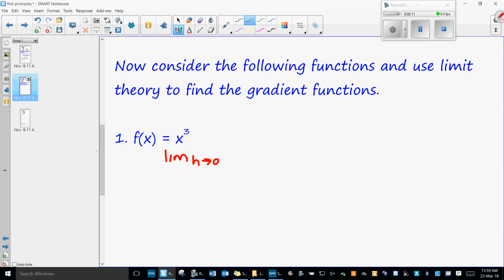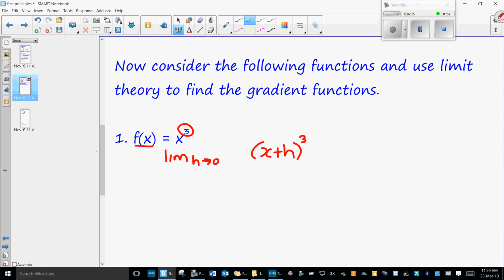What are we going to write first of all? F of, we don't need to write the formula. What are we going to write? Not x cubed yet. F of x. No, not f of x cubed. Isn't it x plus h cubed? Nice people, x plus h cubed. Excellent. Because the function is cubing x.